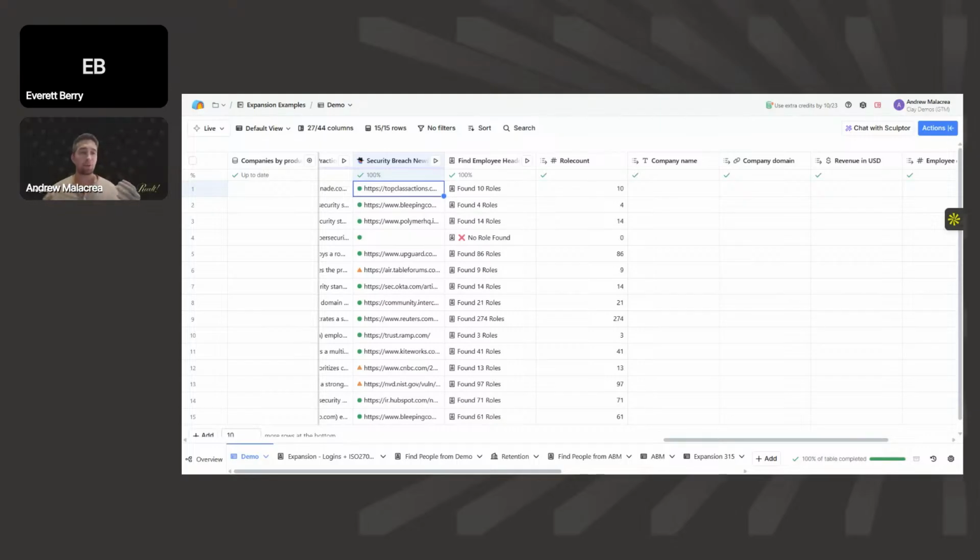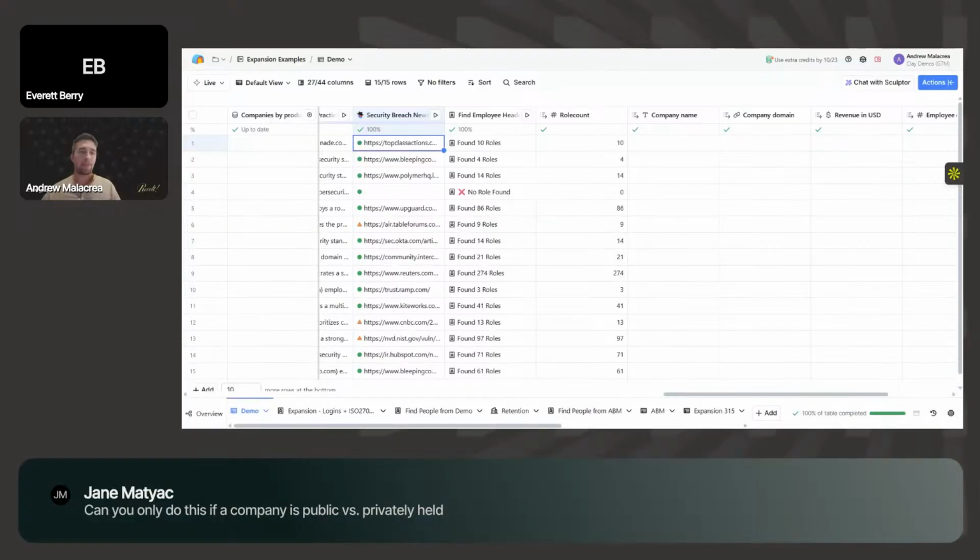That way I'm still creating a trigger-based system, but I'm not relying on one signal that could just be noise. And I'm not sending a bunch of signals to reps and expecting them to sort through it. I'm making sense of it for them, aggregating it, and only surfacing the most important personalization points that they would need.